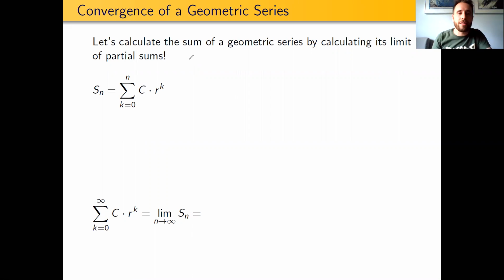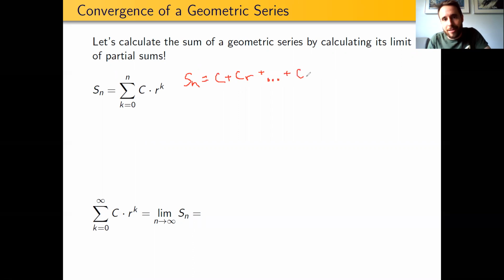What I have up here at the top is my partial sum S sub n. Notice S sub n is equal to c plus c times r plus c times r squared plus dot, dot, dot, all the way up to c times r to the n. That's what our S sub n is.